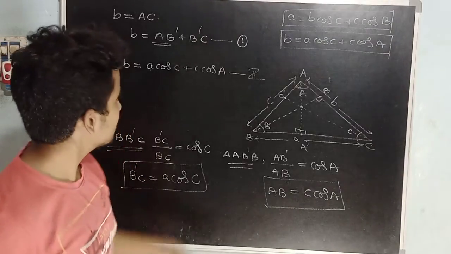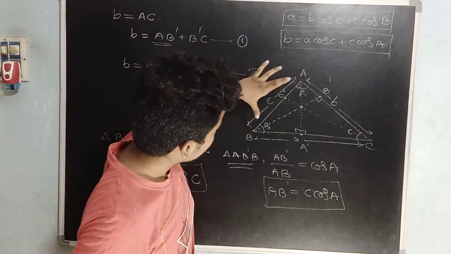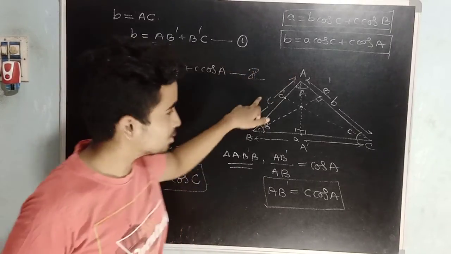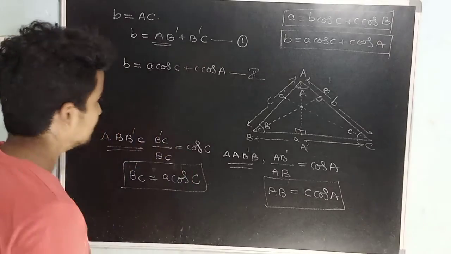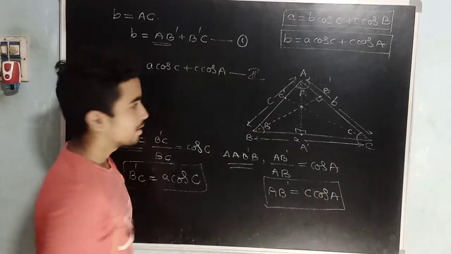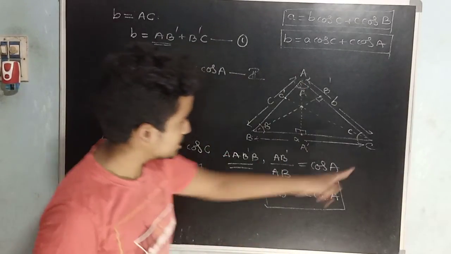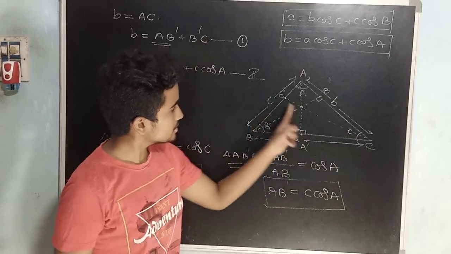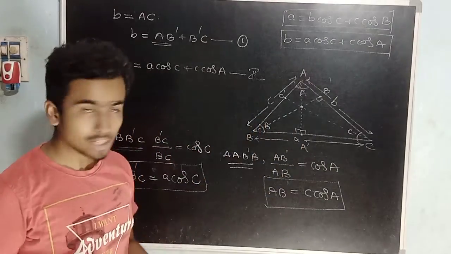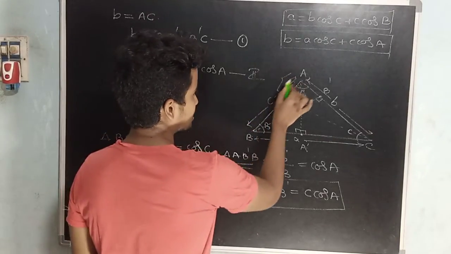Similarly, the same procedure is followed considering the side AB, whose length is c. Considering the triangle AC'C, we get the value of AC', and considering this triangle C'CB, we get the value of C'B. Let me put the values.